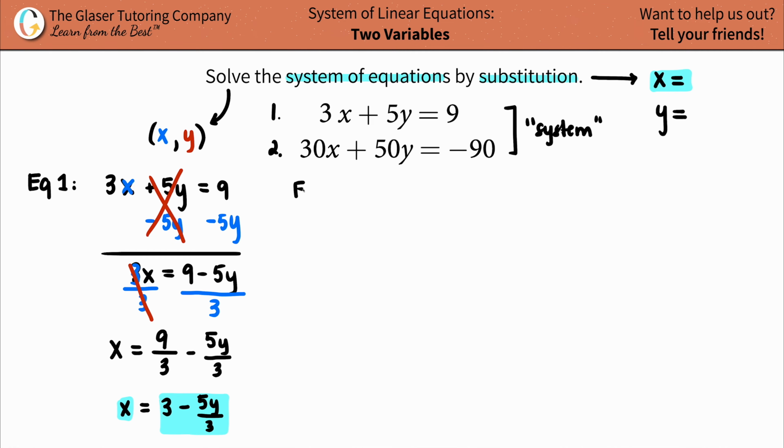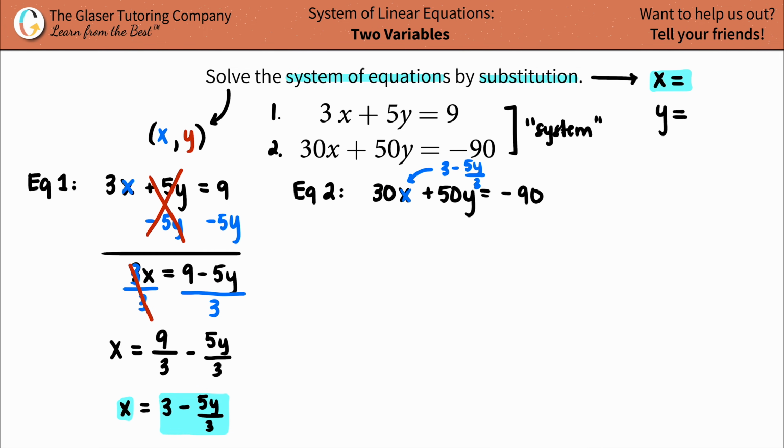For equation 2, we take 30x plus 50y equals negative 90. And for that x value, because that's what we just solved for, we plug in (3 minus 5y) over 3.